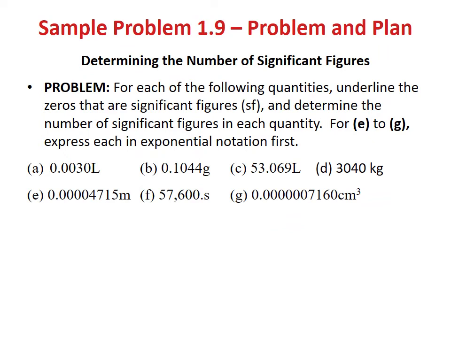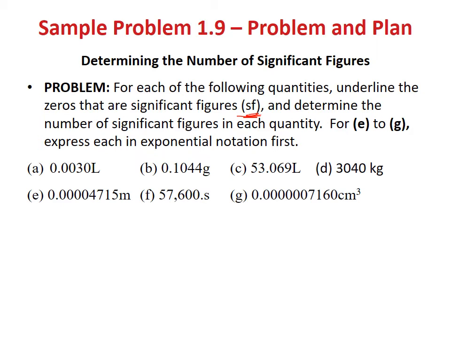Sample problem 1.9. For each of the following quantities, underline the zeros that are significant figures. SF means significant figures, and determine the number of significant figures in each quantity. So first, underline the zeros that are counted as significant, and then count the significant numbers.